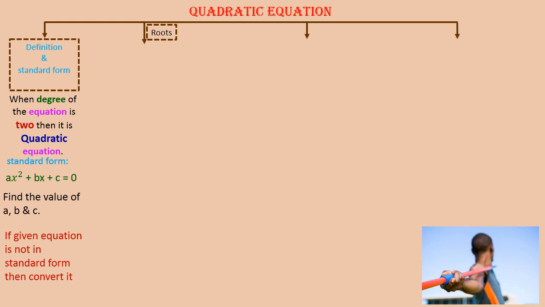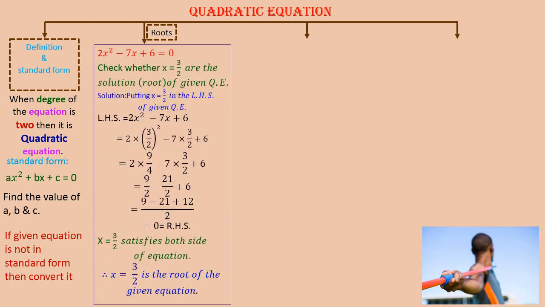How to solve it, how to write it down, that pattern is given here in this block. So 2x square minus 7x plus 6 equals 0 is a quadratic equation. Check whether x equals 3 upon 2 is a solution or root of the given quadratic equation.